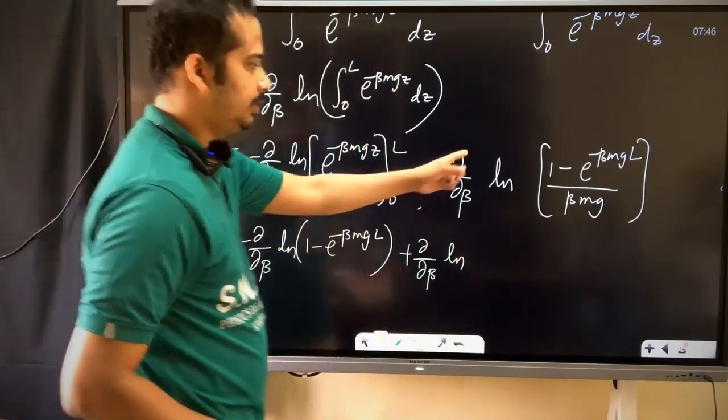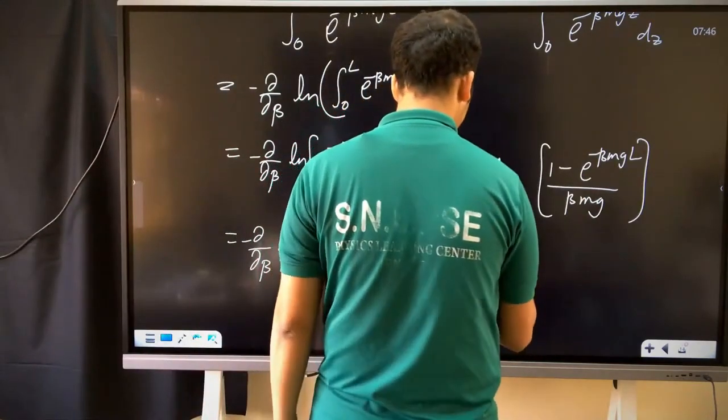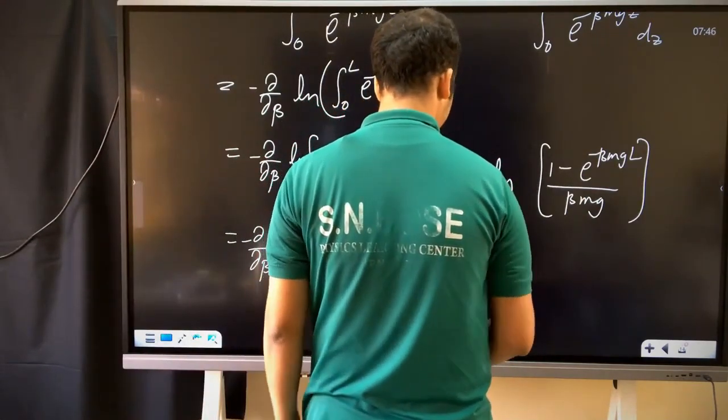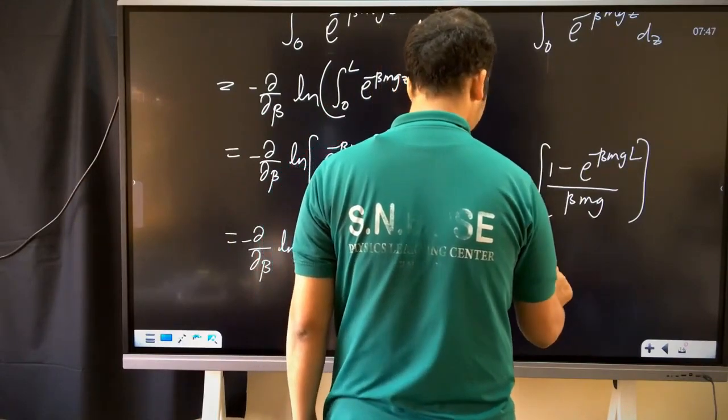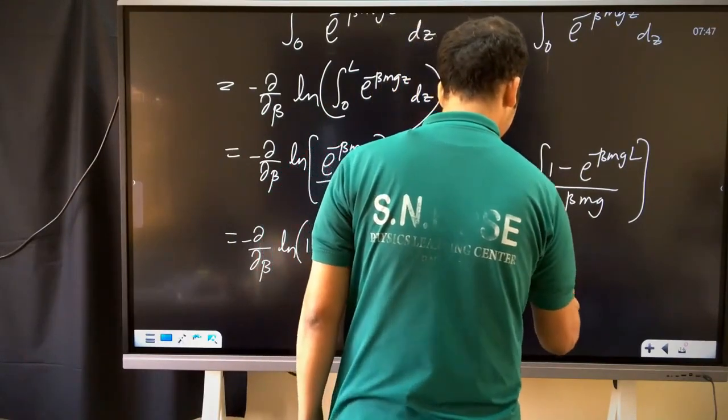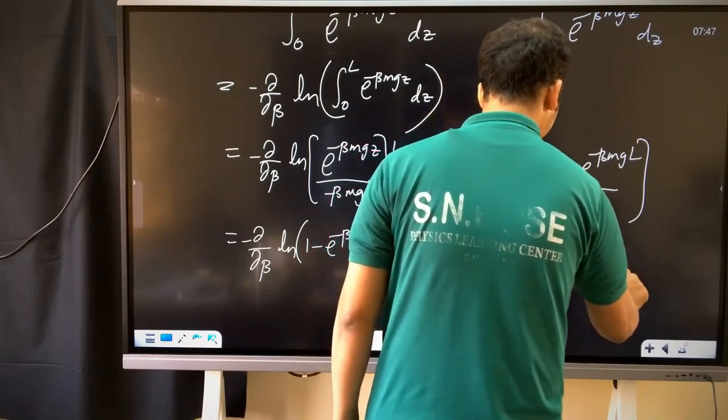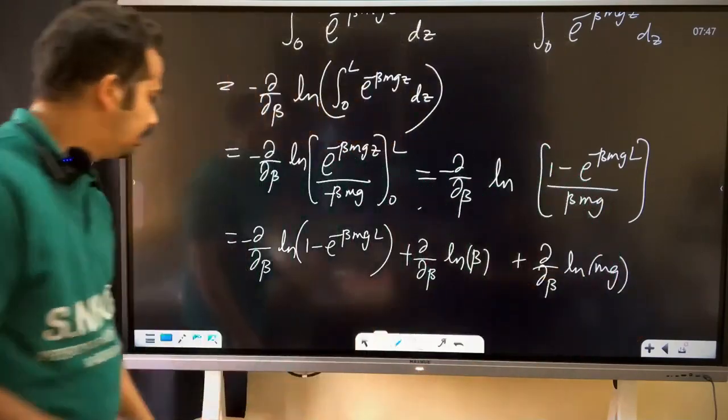This minus log of a by b, I'll write only log of beta, plus dou by dou beta of log of mg. That's constant, that will go, isn't it?